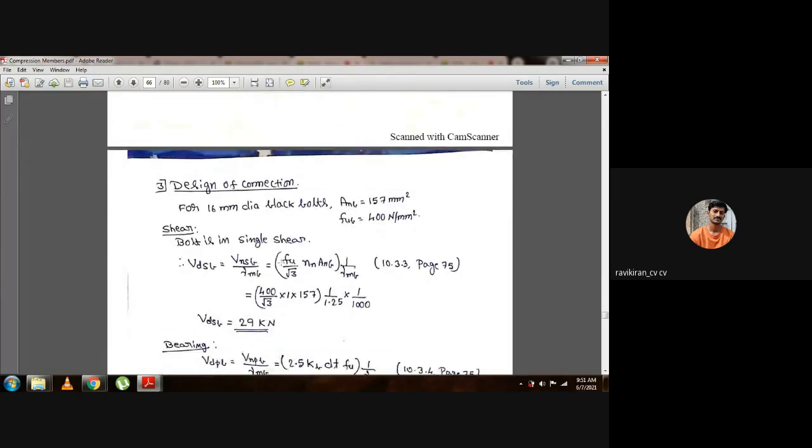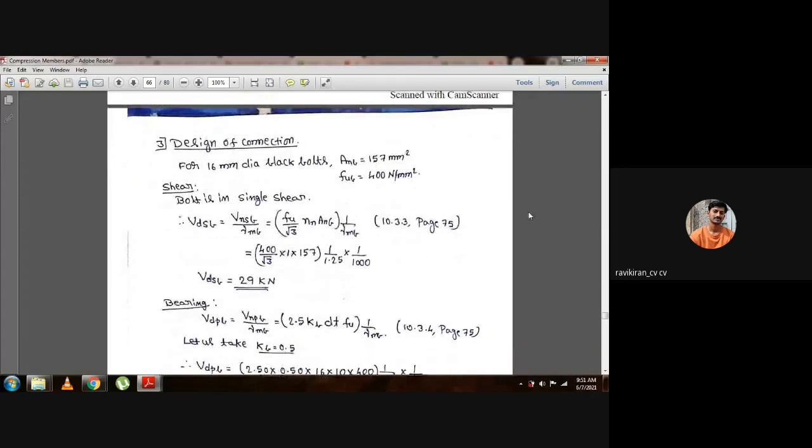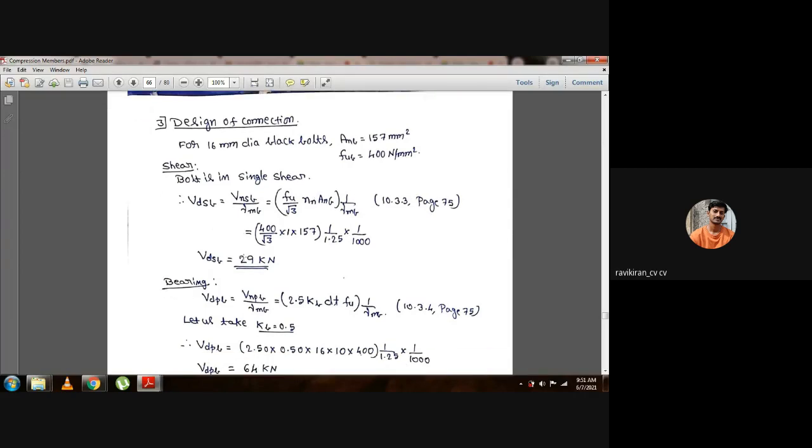So finally, design of connection. Whatever you considered lacing dimension as well as the compression member dimension, you need to connect it, right? So design of connection, considering 16 mm dia black bolts, net area of the bolt will become 157, that is 0.7 times pi d square by 4, and ultimate strength of the bolt is 400 Newton per mm square.